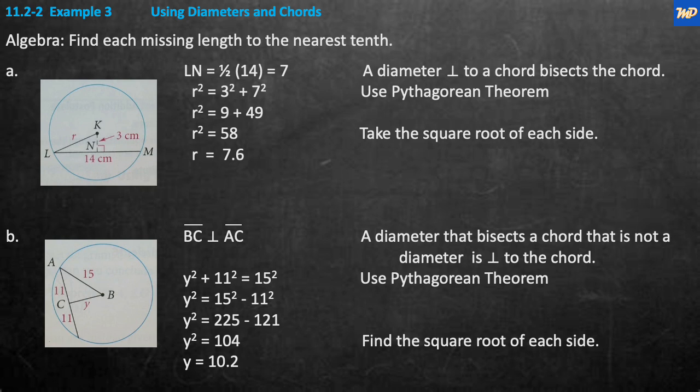In order to look at that, it says LN, going across this segment right here, LN is half of 14, right?